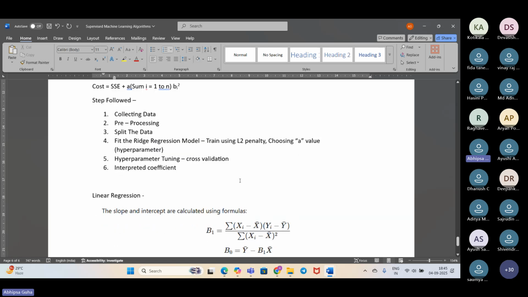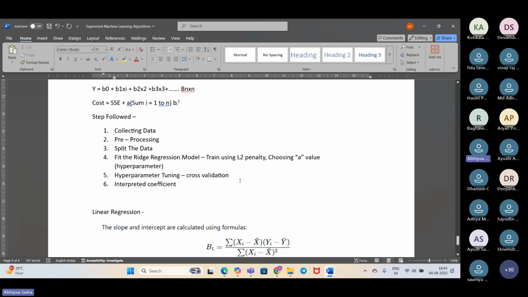We know that ridge regression is a special type of linear regression. So we'll take an example of linear regression to get a more vivid idea of how we interpret the coefficients, and how the values B0, B1, B2 have been calculated.